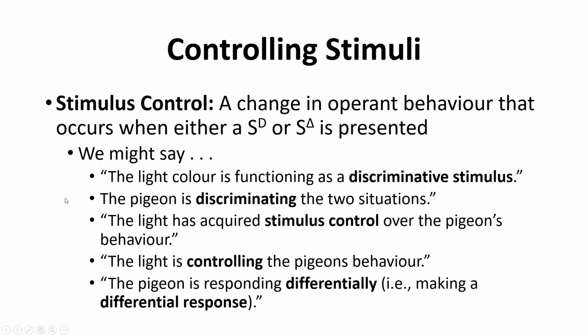The pigeon is discriminating the two situations. The light has acquired stimulus control over the pigeon's behavior, or the light is controlling the pigeon's behavior, or the pigeon is responding differentially, for example, making a differential response and discriminating between those two situations.